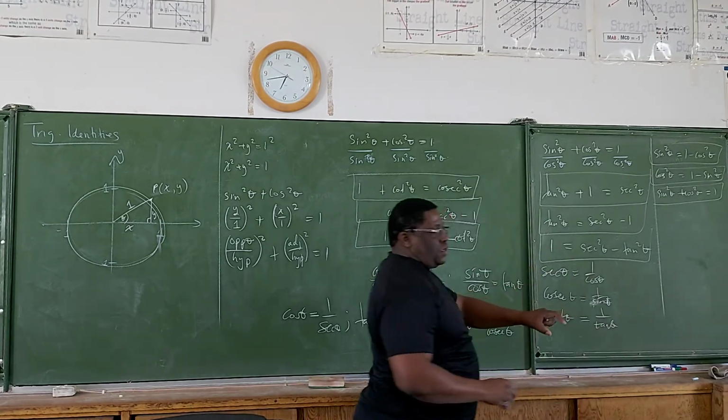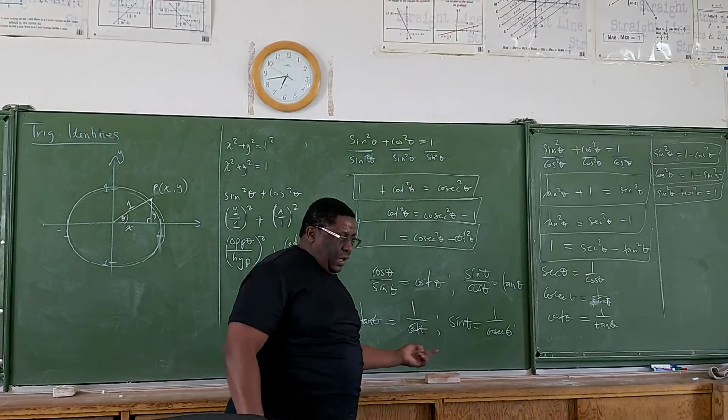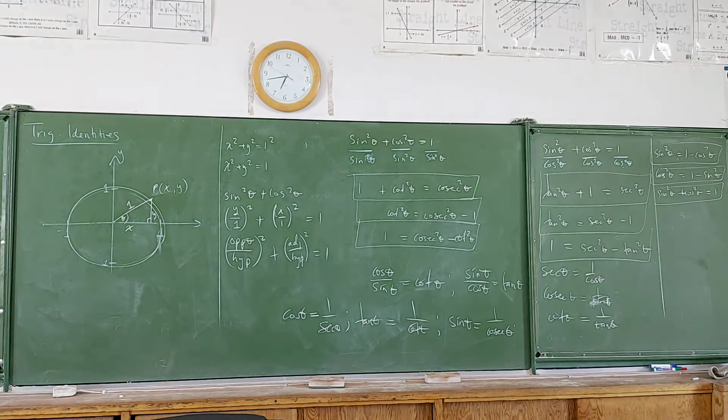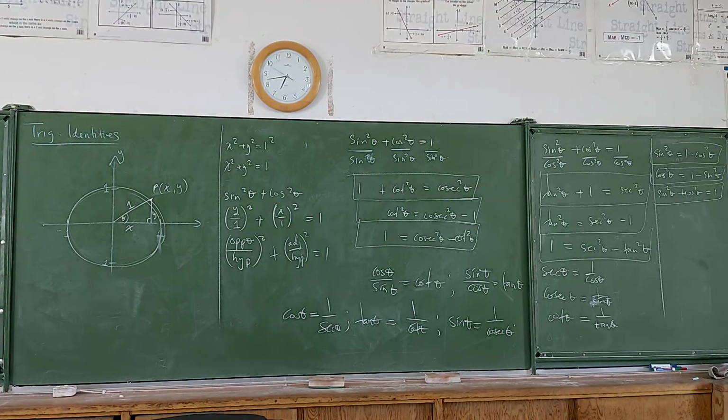So the inverse of a cosine is secant, and the other way around. All of these you can find combined. This one here, cos theta over sin theta, called the quotient identities. The product identities we're going to get to, and that is the one that we are going to do next.